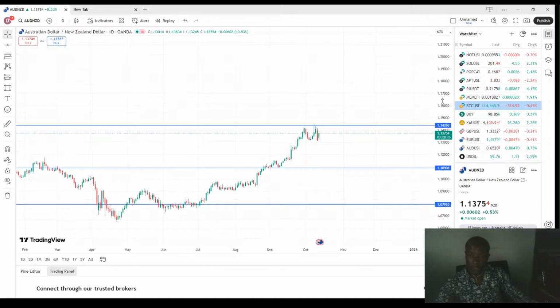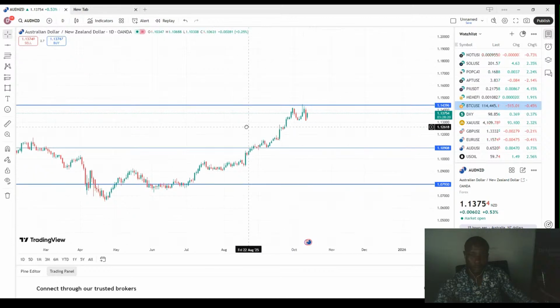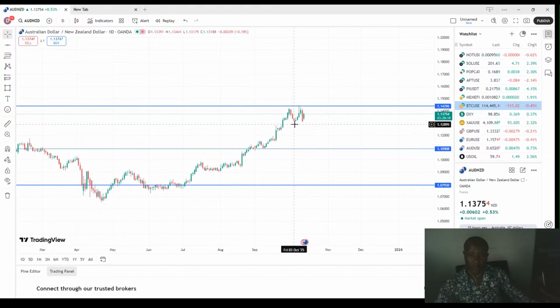But the daily is giving us an M pattern here. Let's mark out the last break of structure first.